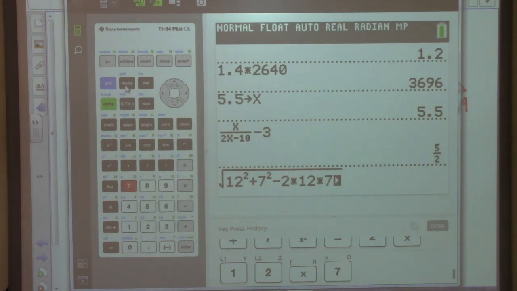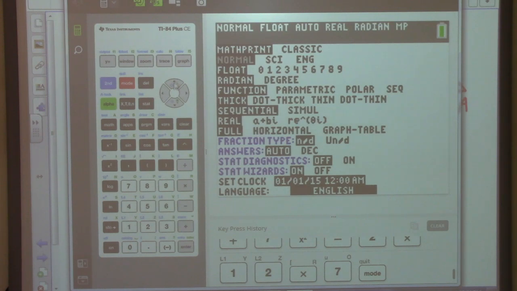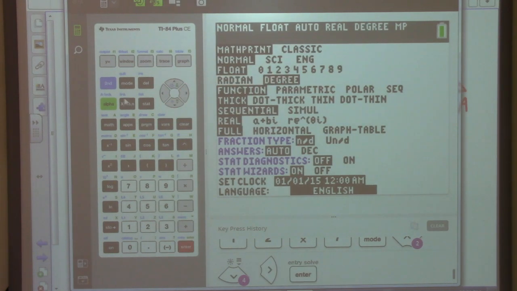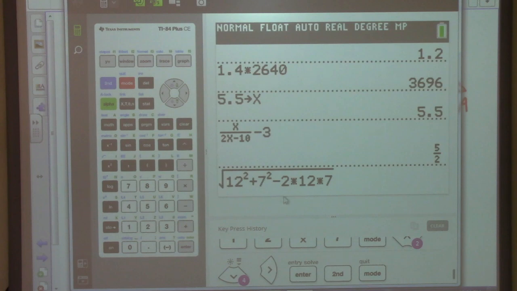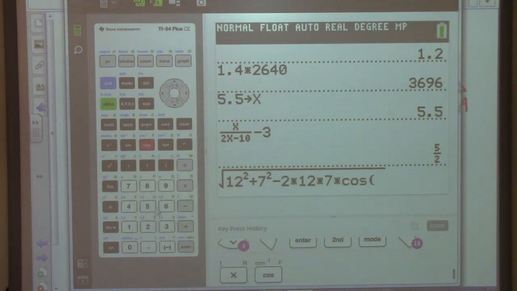And I'm going to go ahead and change that into, I see that thing in radians right up there. So that is going to be fixed. Okay, back here. Times cosine 55.